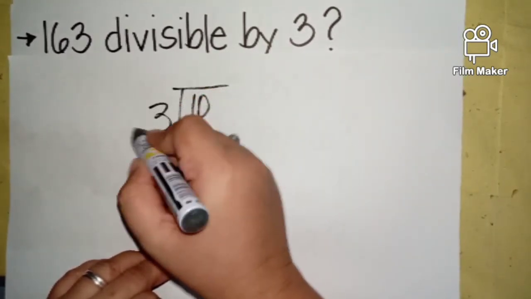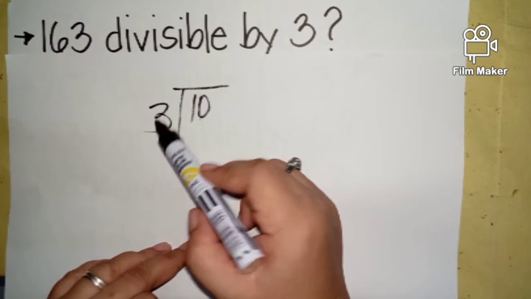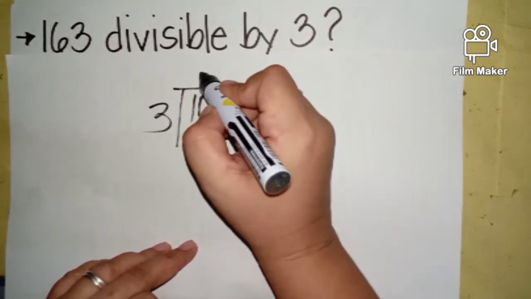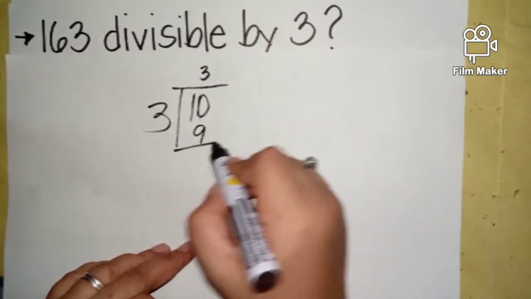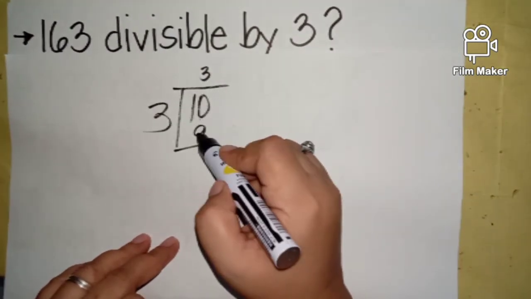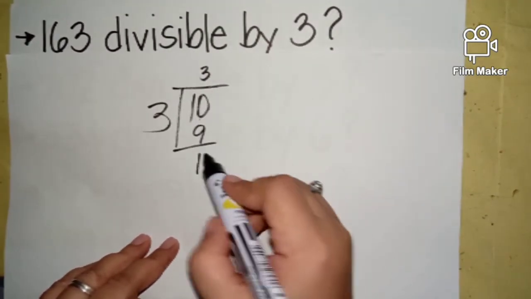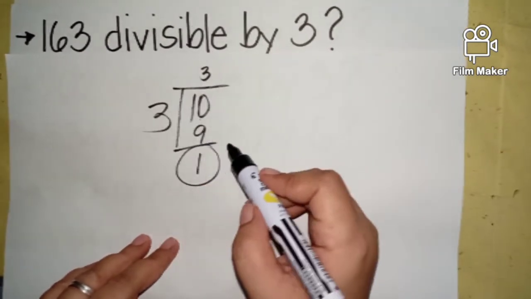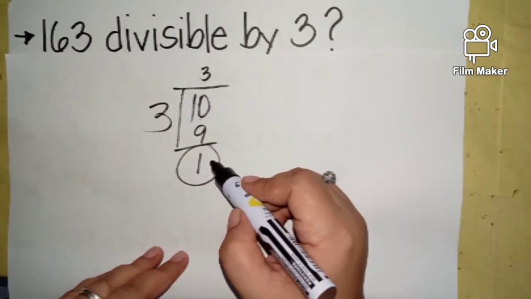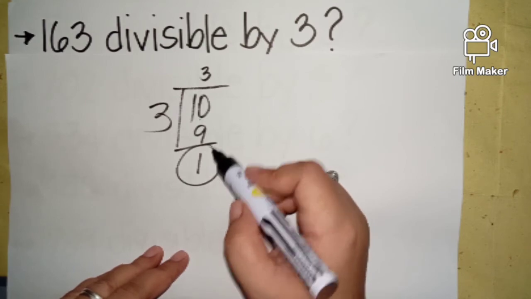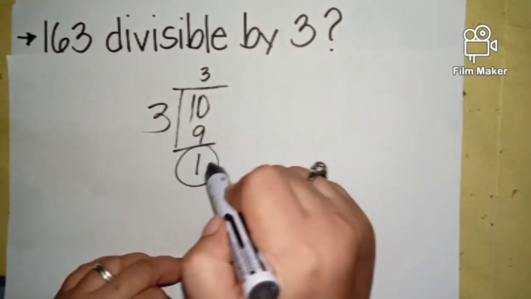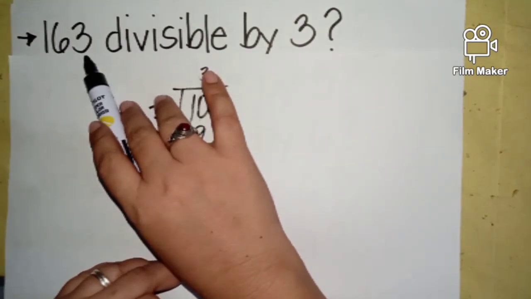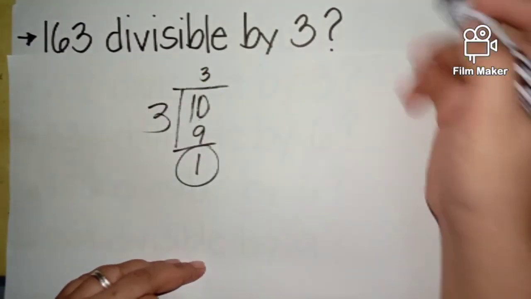How many 3s are there in 10? 3 times 3 is 9. 10 minus 9 is 1. So merong remainder. Merong sobra. So it is not fixed. So the answer is 3 point something. So therefore, 163 is not divisible by 3. So this is a no.